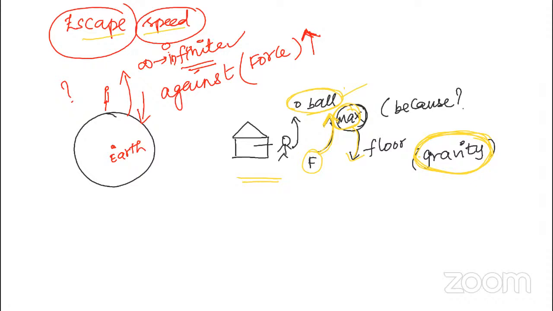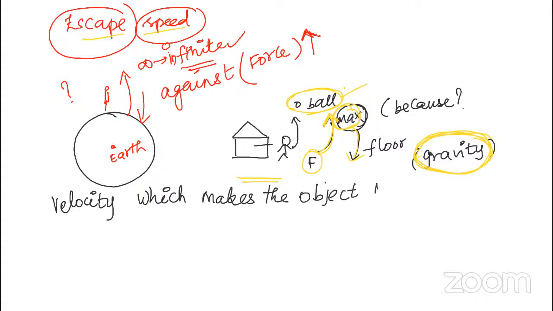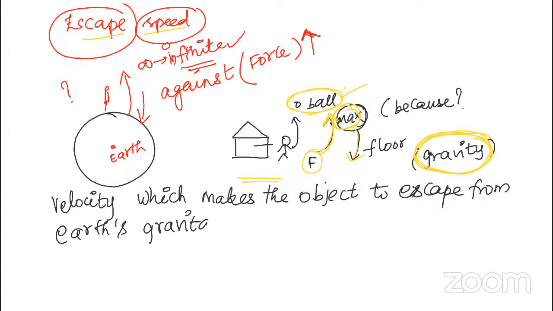So it simply says that the velocity which makes the object escape from Earth's gravitational force is called escape speed.